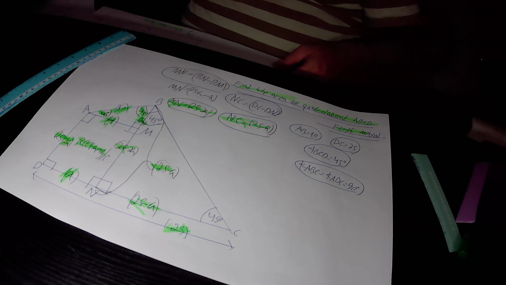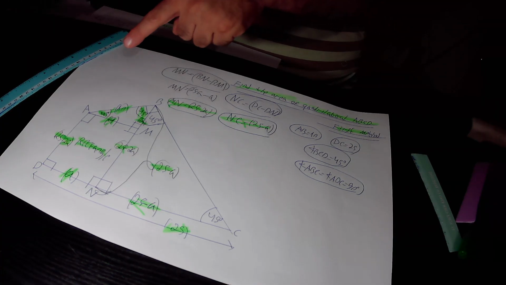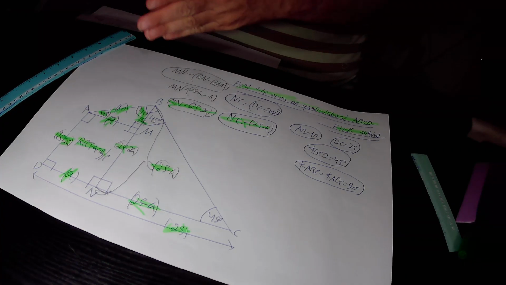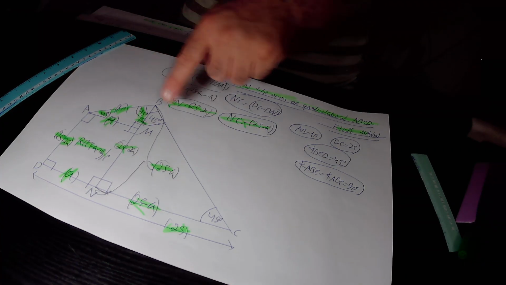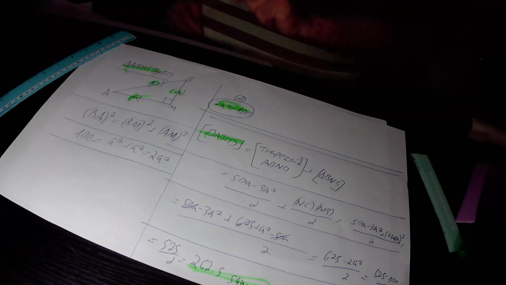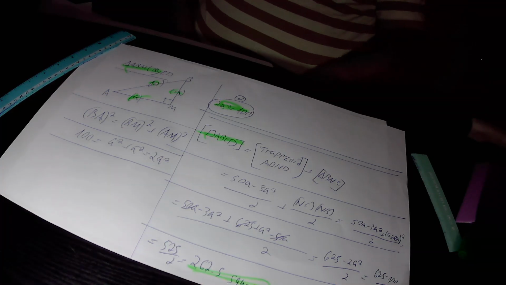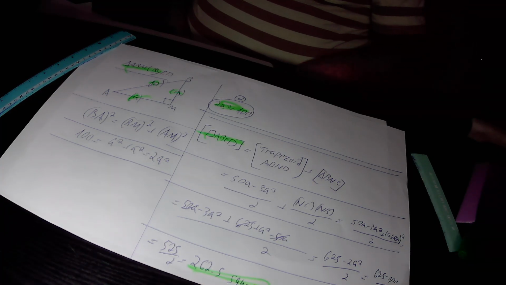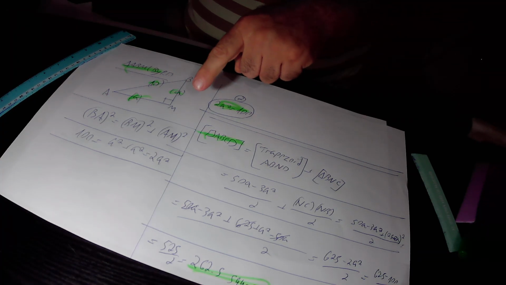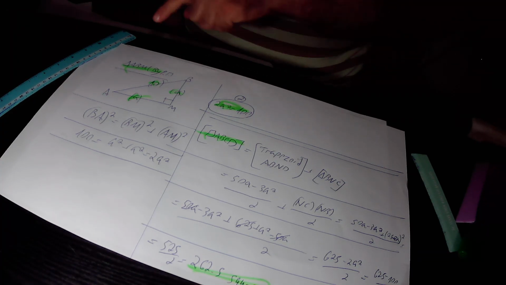In the next step, we apply the Pythagorean theorem to this small right triangle ABM. In this small right triangle ABM, BA squared, the square of the hypotenuse, equals BM squared plus MA squared.